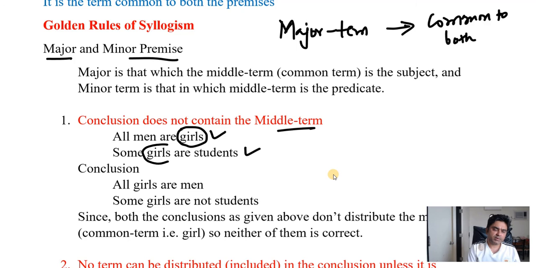So this term is not included in the conclusion. So neither of them is correct. No term can be distributed or included in the conclusion unless it is included in the premises. So if it is not there in the premises, how can it be a part of the conclusion?